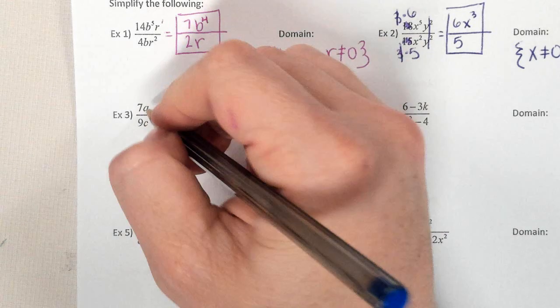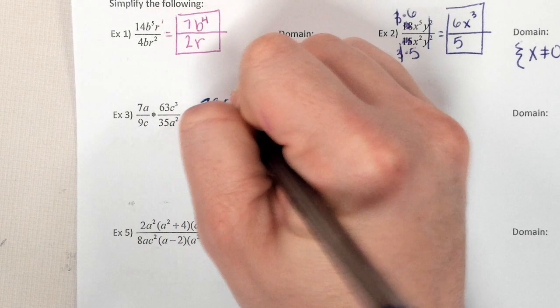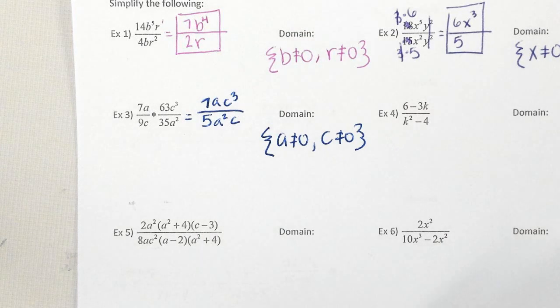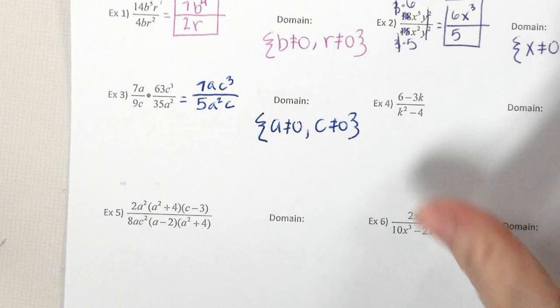And I'm just going to bring my letters over, and I'm going to put them in alphabetical order. So A squared C. That way they line up, and it just makes my life a little easier. Where are there more A's?